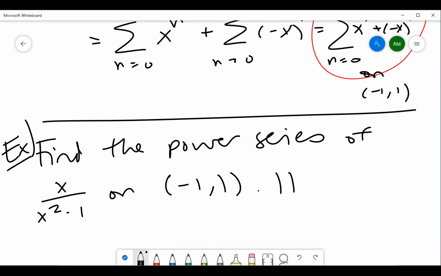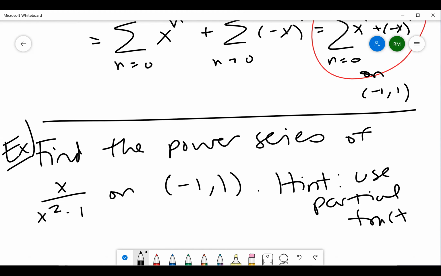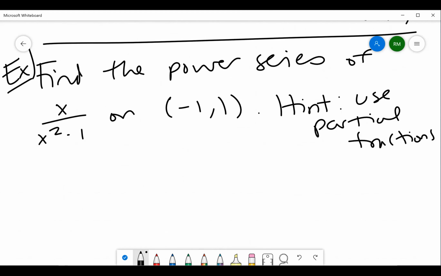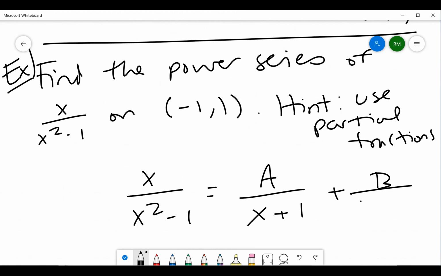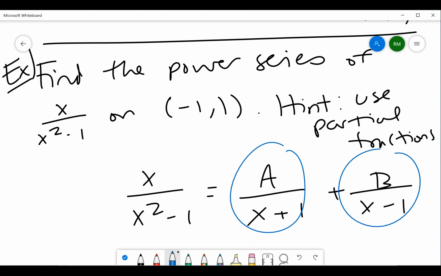And my hint is to use partial fractions. So for this one, the first thing you're going to do is to express this as a sum of a over x plus 1 and b over x minus 1, and figure out what the power series are of these expressions, and then you'll know how to combine them to get the power series of the term on the left.